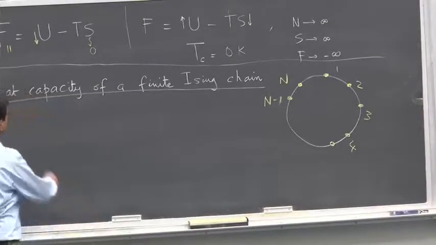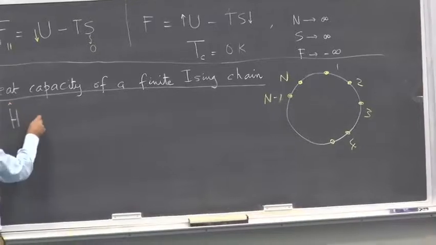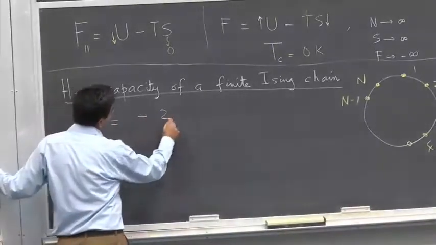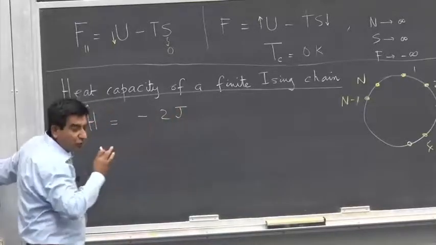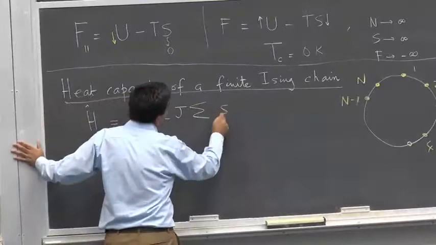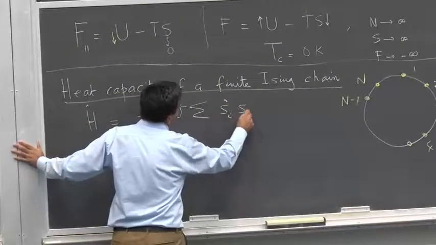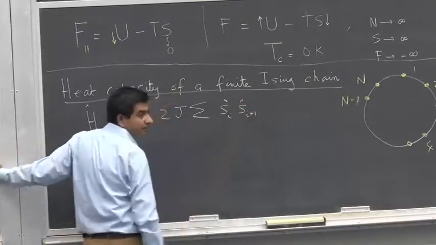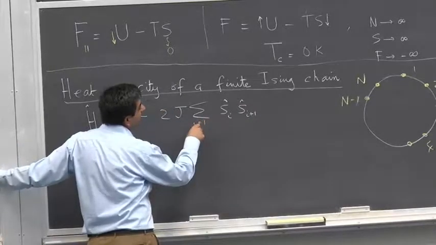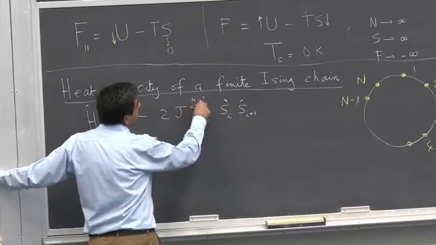So the Hamiltonian for this system, H, with the interaction that we will introduce is minus 2J, and we are assuming that it is only nearest neighbor interactions. Minus 2J S_i^z S_{i+1}^z, where i goes from 1 to n minus 1.